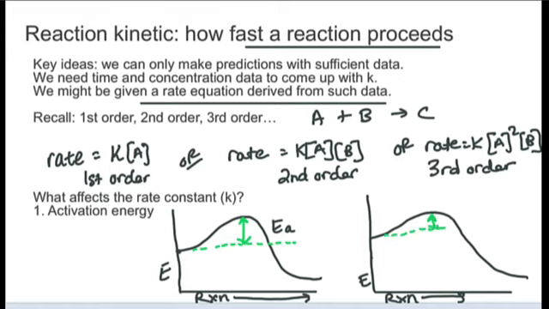And so this change in energy is smaller. This second reaction would proceed faster because it has a small hump to get over in terms of energy, and the reaction with the larger activation energy would proceed slower.